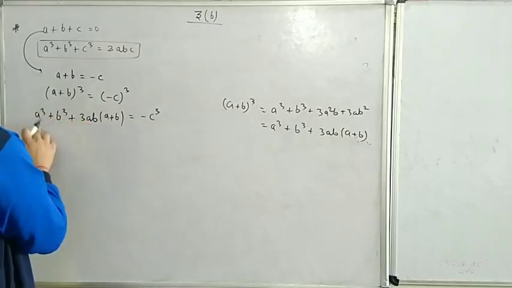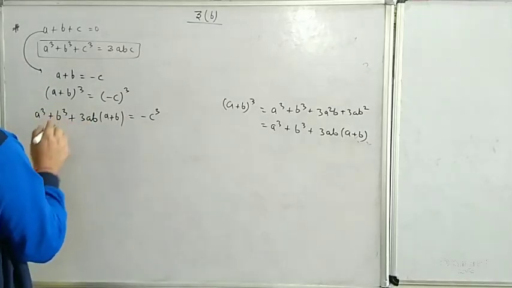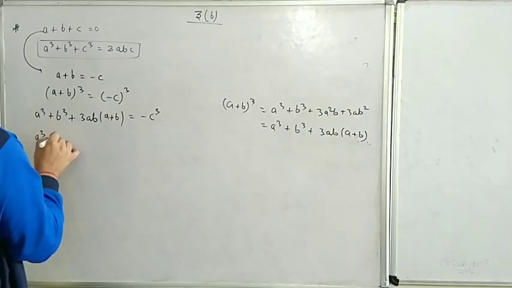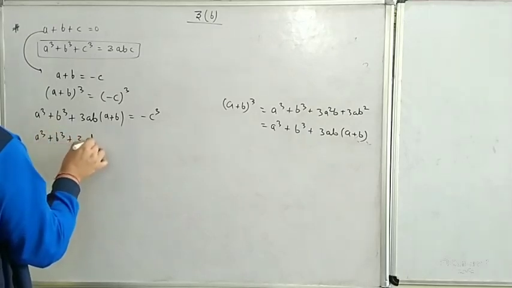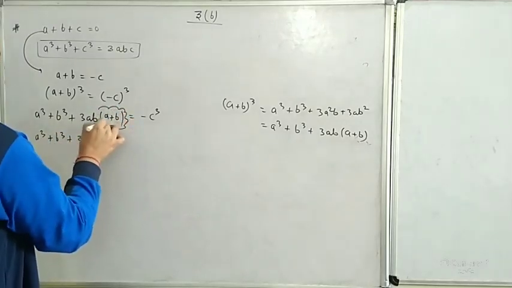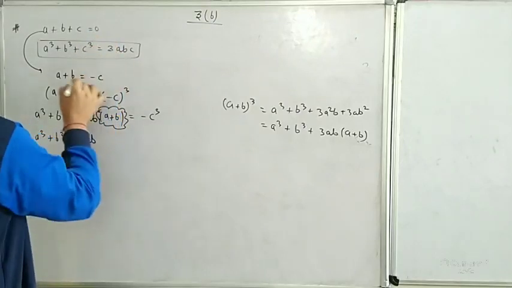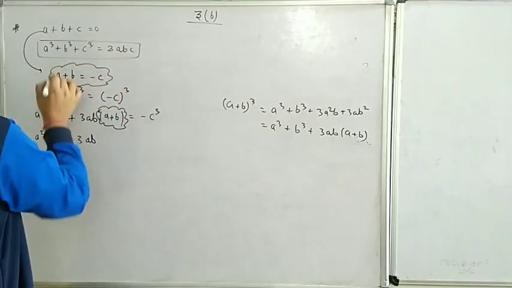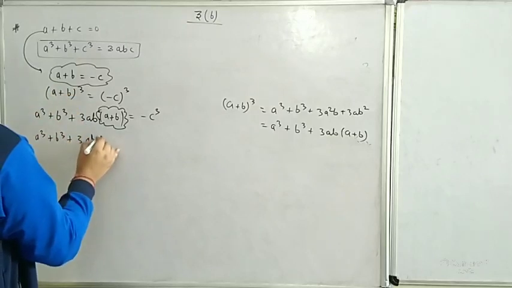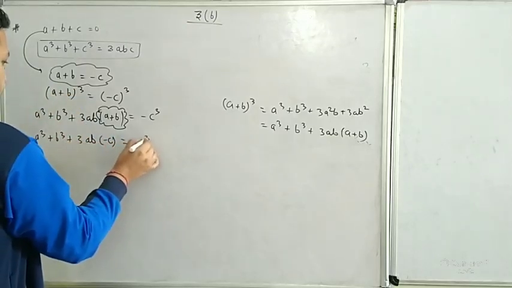Now a cube plus b cube plus 3ab, and at the starting, what is the value of a plus b? The value of a plus b we have taken is minus c, so it becomes minus c is equal to minus c cube.